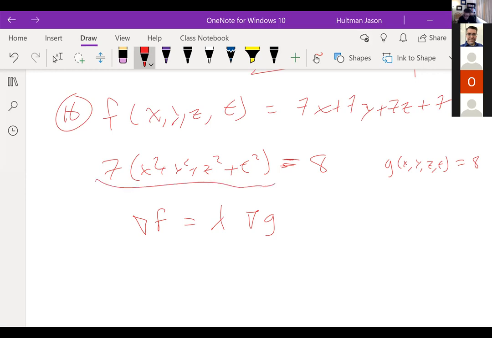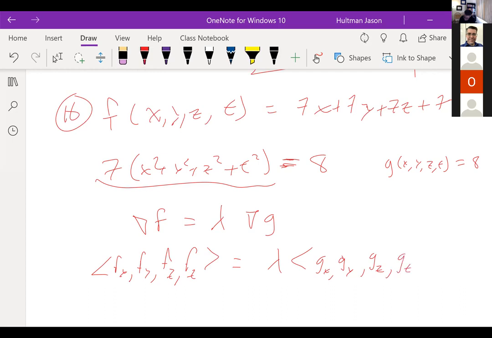So what's the gradient of this function? The gradient of f is just f sub x, f sub y, f sub z, f sub t, and this is going to be lambda times g sub x, g sub y, g sub z, and g sub t.